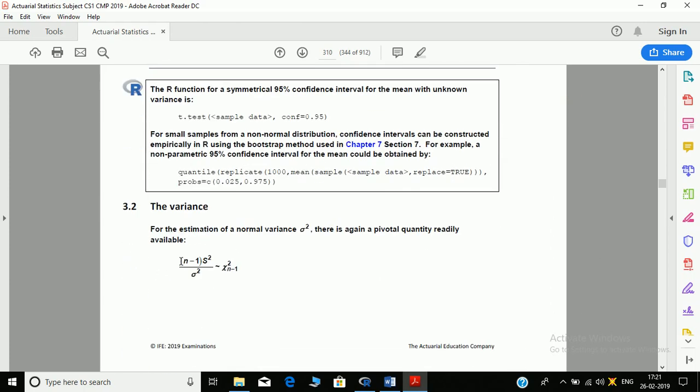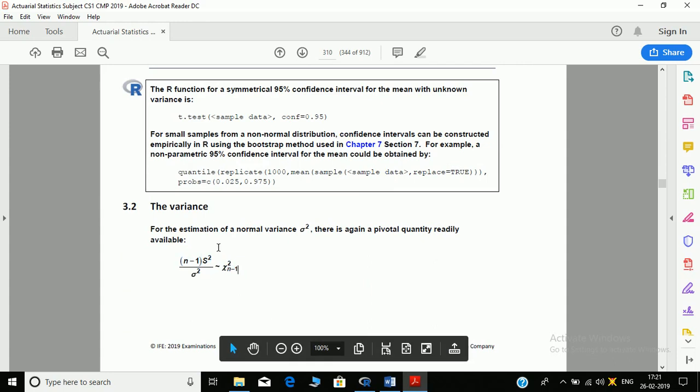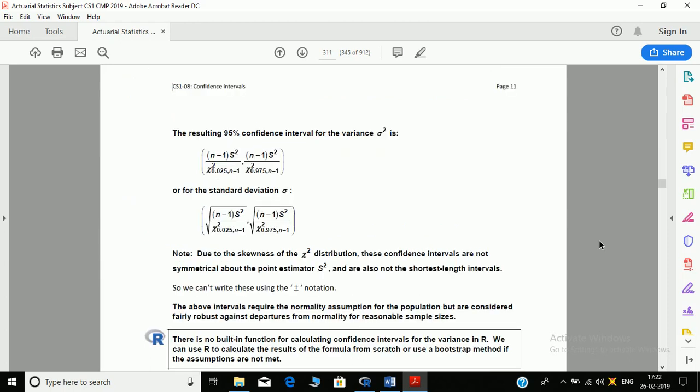The test statistic is (n minus 1) times s squared divided by sigma squared, which follows chi square with n minus 1 degrees of freedom, where s squared is the sample variance and sigma squared is the population variance. And what is the confidence interval? It is (n minus 1) s squared divided by chi square 0.025, n minus 1, and (n minus 1) s squared divided by chi square 0.975, n minus 1.